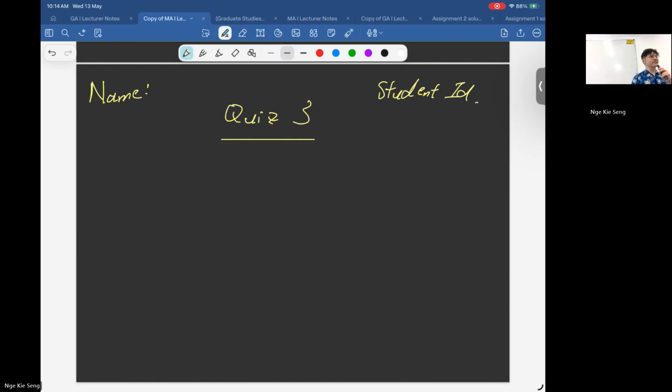This is a very natural thing to do, so you have to do it. Quiz 3 is the same. Write down your name, your student ID, and the subject.